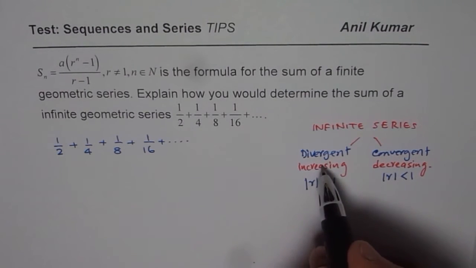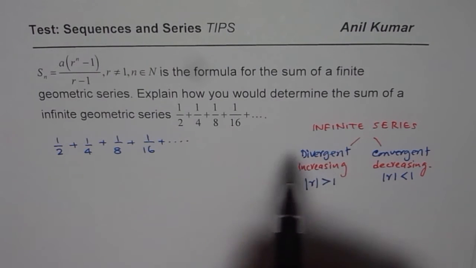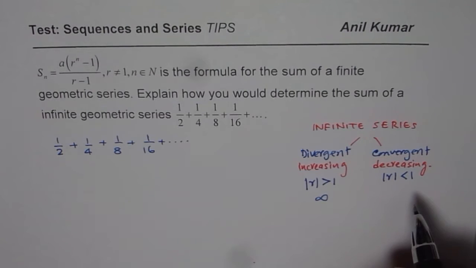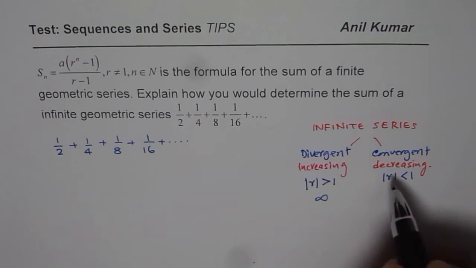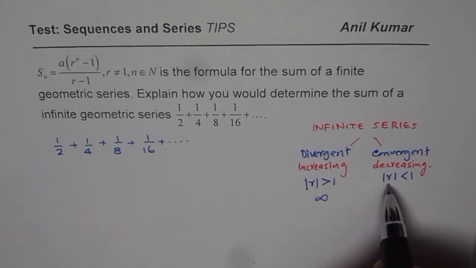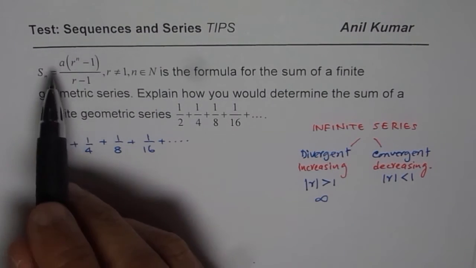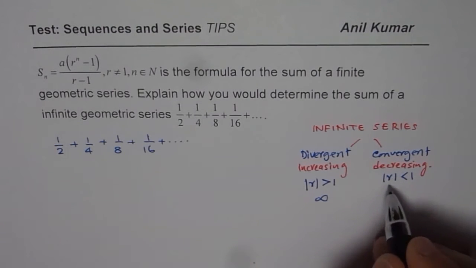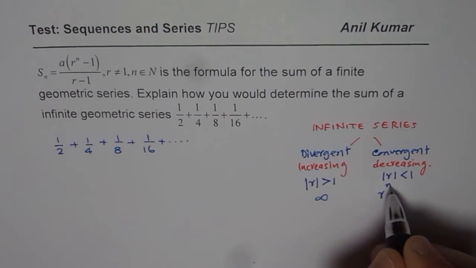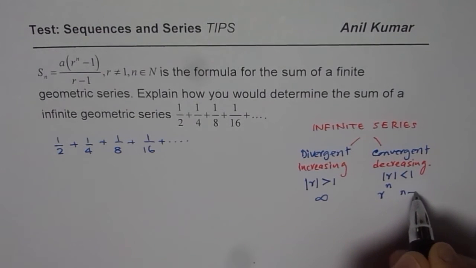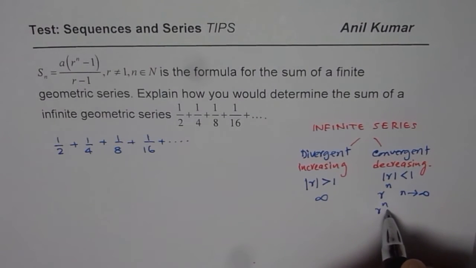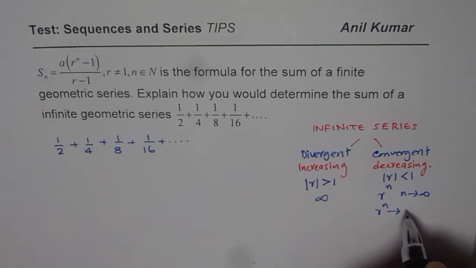Now if we have an increasing series, then the sum of the infinite series will be infinite, since it just increases, correct? Unbounded. But if we have a convergent series, then r, as you can see, is less than 1. In that case, r to the power of n, as n approaches a large number, say infinity, approaches what?